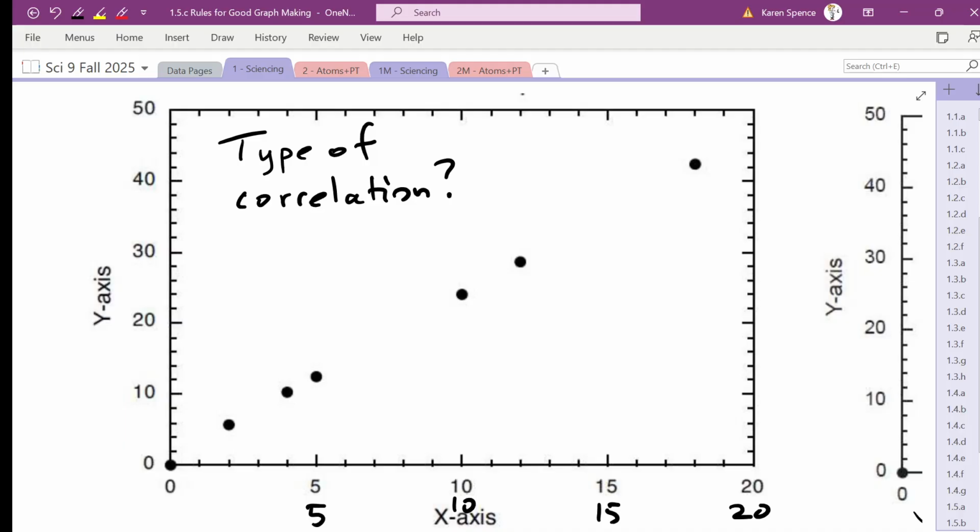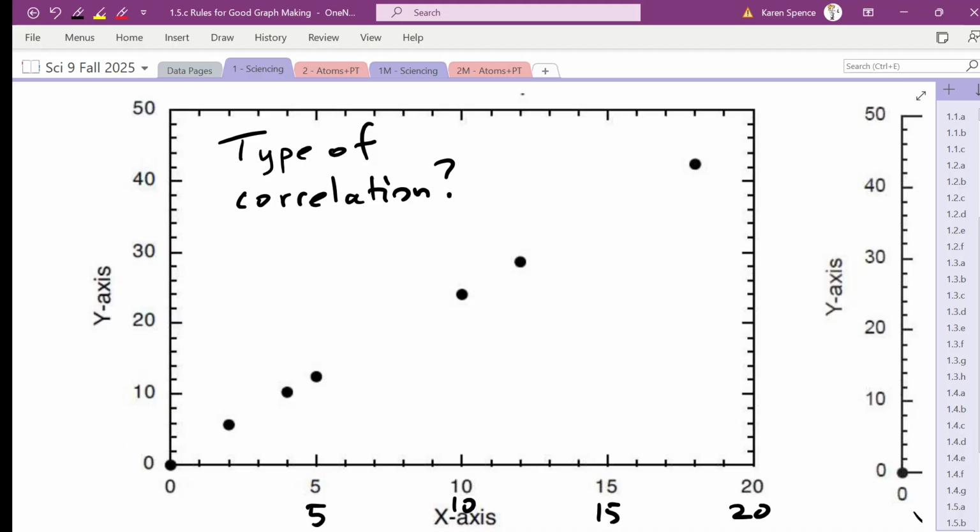What type of correlation is graph A? Anyone need more time?